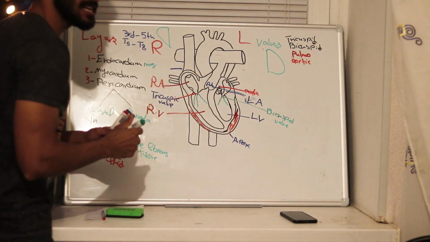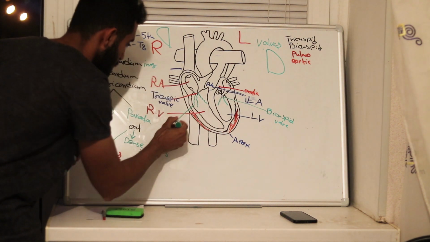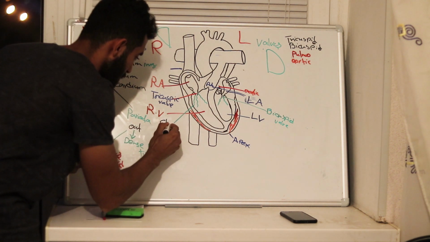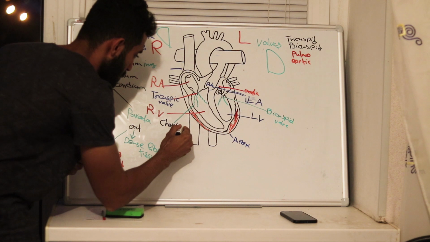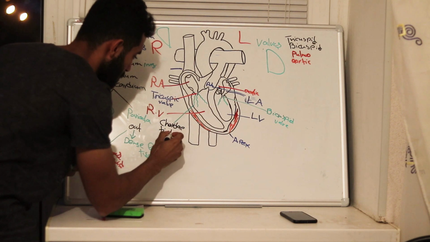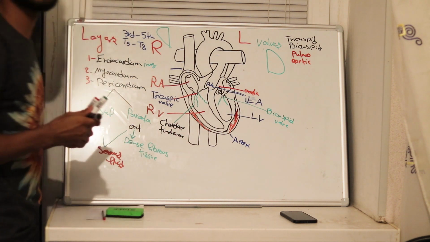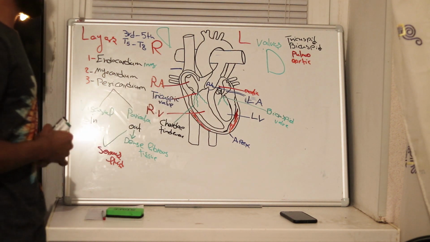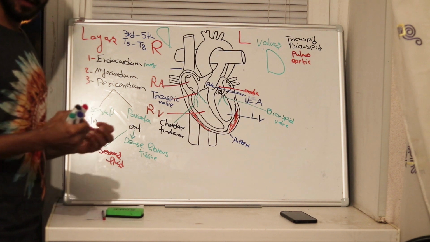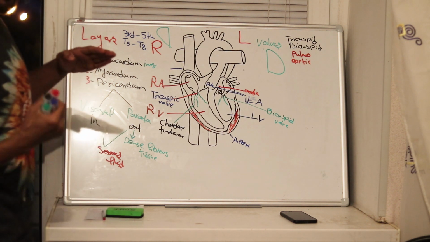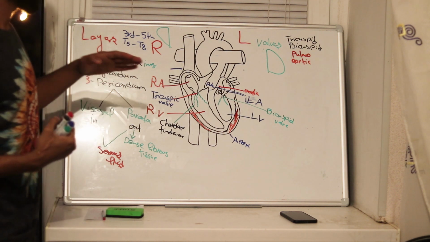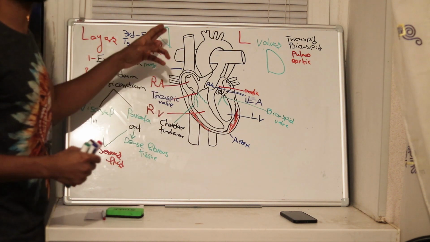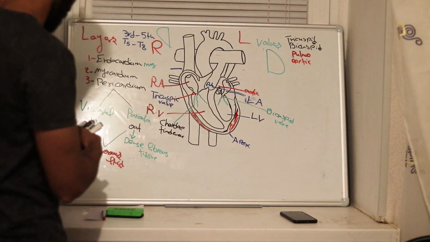It's like threads. They hold the valves while the ventricles pump, to not allow the blood to regurgitate to the right atrium and cause hypertension.